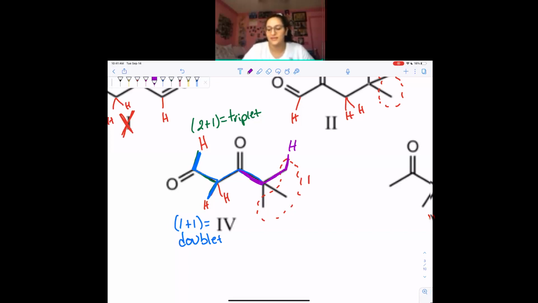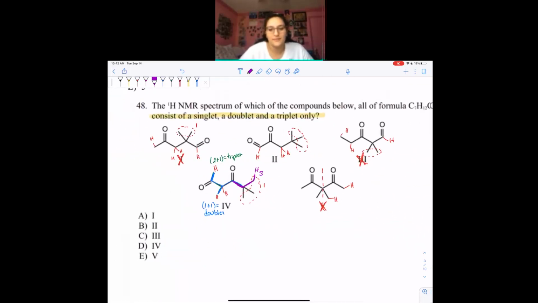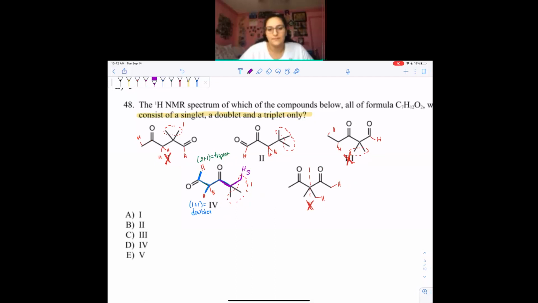So it's a singlet. Does this match what he told us? Yes, so 4 would be the answer. If it did not match, you would just have to go and figure out what the multiplicity of each of these were, and that would probably be your answer.